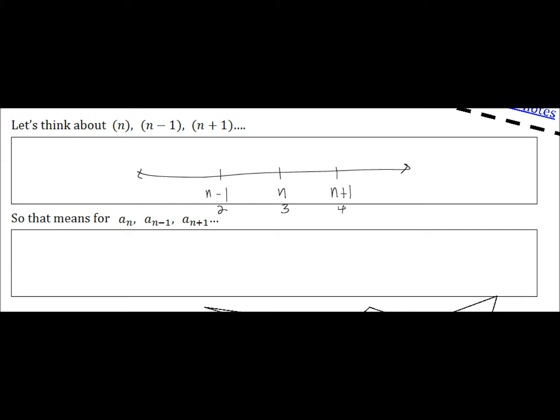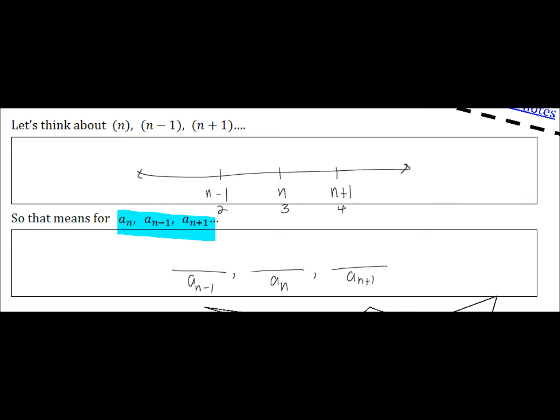So the terms a sub n minus 1 and a sub n plus 1 in any sequence follow that same order. If this is the a sub n term, then the term before it is the a sub n minus 1 term, and the term after it is the a sub n plus 1 term.